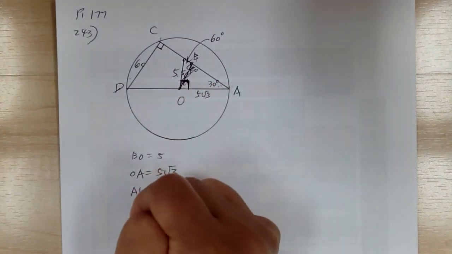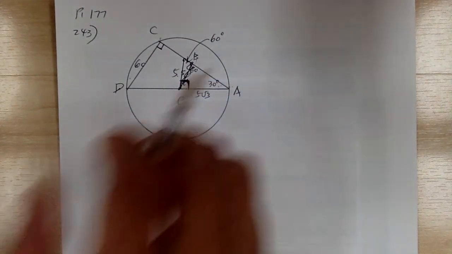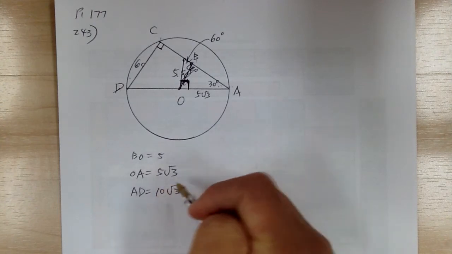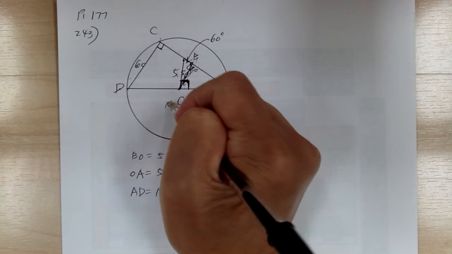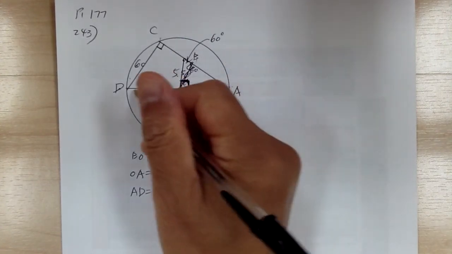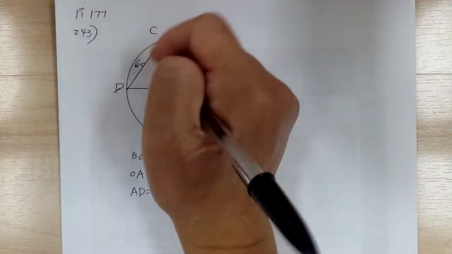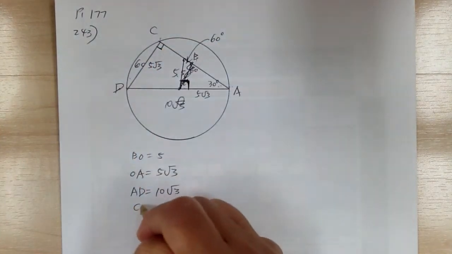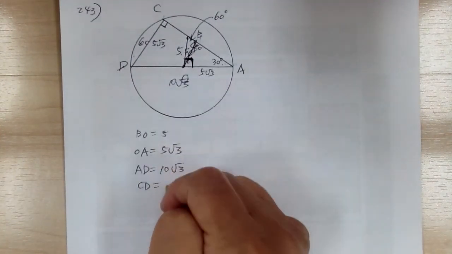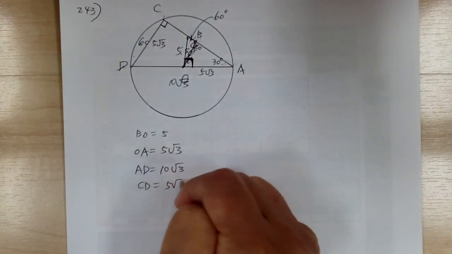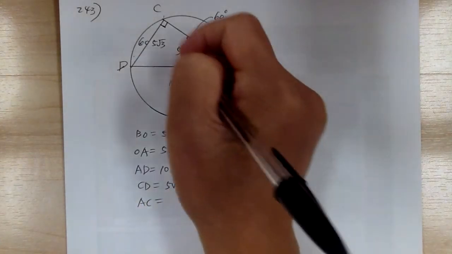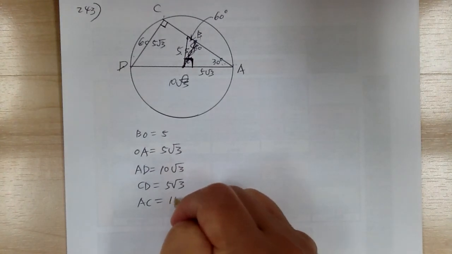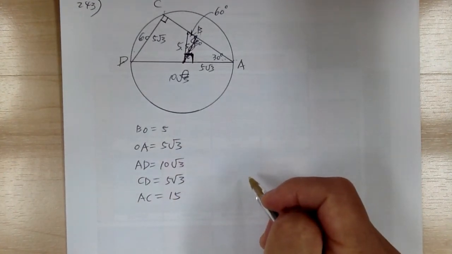That means AD, the diameter, would be twice that, 10 square root of 3. And CD would be the short leg, 5 square root of 3, and then AC would be the long leg, so times square root of 3, which gives you 15.